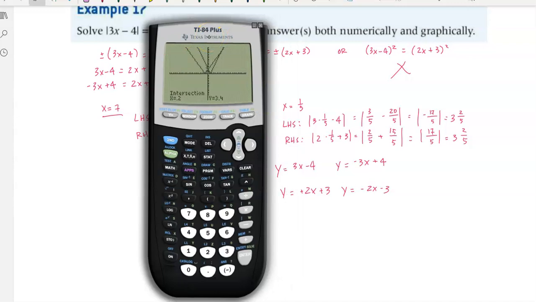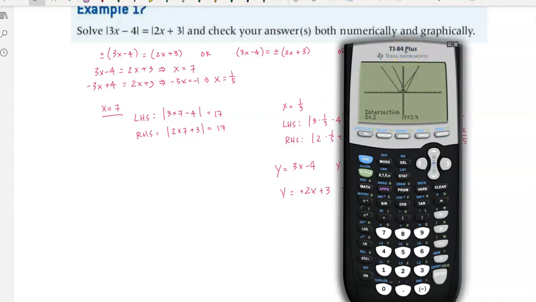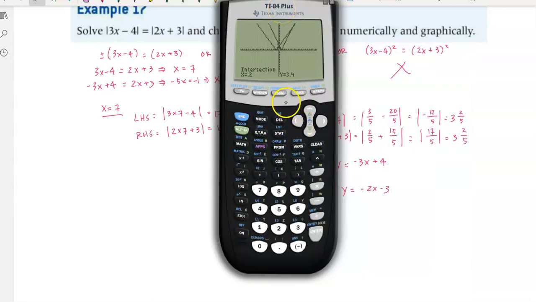So x equals 0.2, and that was 1/5. And then I could go into second calculate again and get closer to the other one right here, press enter, enter, enter: x equals 7. There you go.